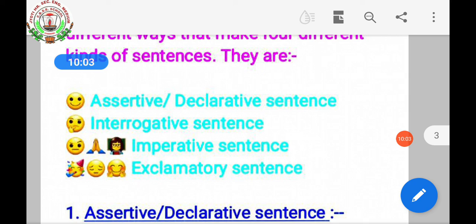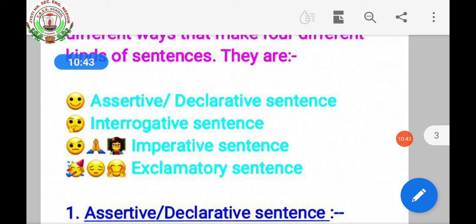Assertive और डिक्लेरेटिव सेंटेंस. असर्टिव को डिक्लेरेटिव भी बोलते हैं और डिक्लेरेटिव को असर्टिव भी बोलते हैं. जब हम ऐसे ही कुछ कॉमन सेंटेंस बोलते हैं उसे असर्टिव सेंटेंस बोलते हैं. कुछ डिक्लेयर करते हैं, कुछ बताते हैं. ठीक है. इंट्रोगेटिव सेंटेंस means when you are asking a question. जब आप कुछ क्वेश्चन पूछते हो सामने वाले से या लिखते हो तो वो इंट्रोगेटिव सेंटेंस होता है. I will give all the details about this sentence in the next video.